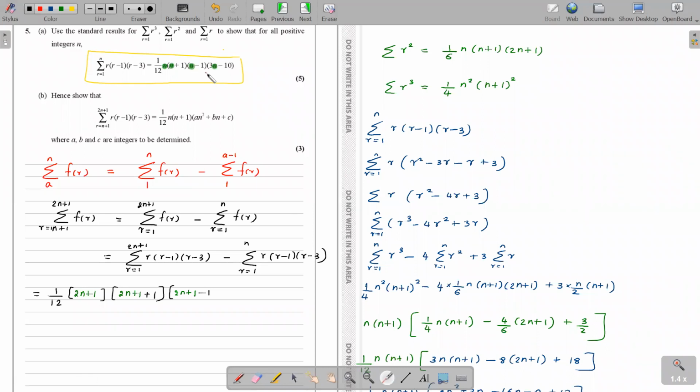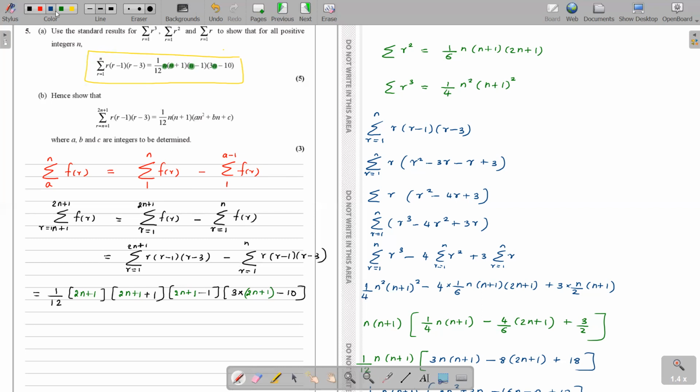The next bracket has 3 multiplied by n, right? 3 multiplied by your n is 3 times (2n plus 1). This time you need to put your 2n plus 1 within a bracket, because 3 multiplies with 2n plus 1. And then there is minus 10. Can you see? So this is just inputting the first value.